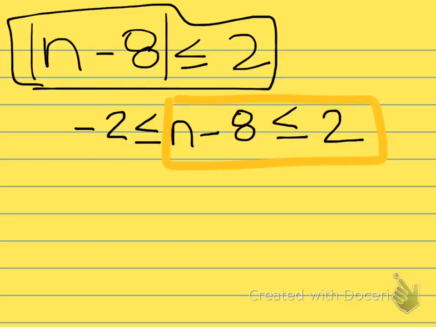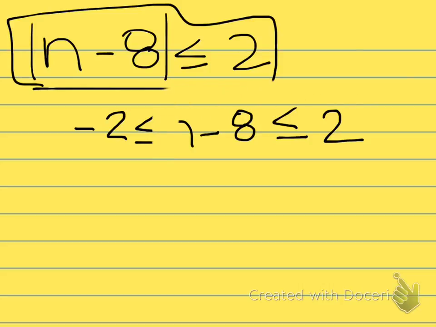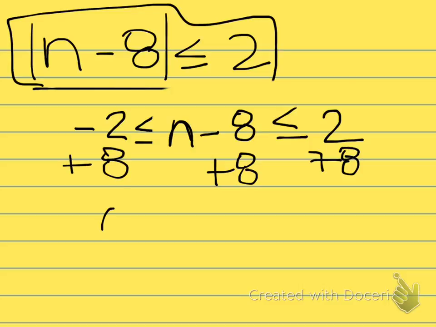But I'm going to solve this whole thing. So to solve, I would need to add 8 to both sides, as we did yesterday, and then rewrite my inequality as an and inequality.